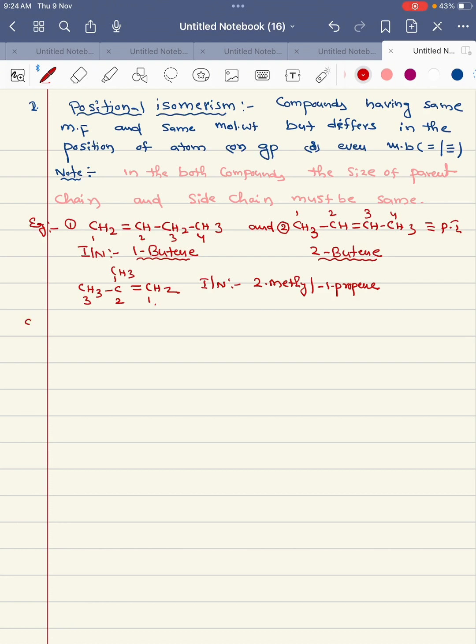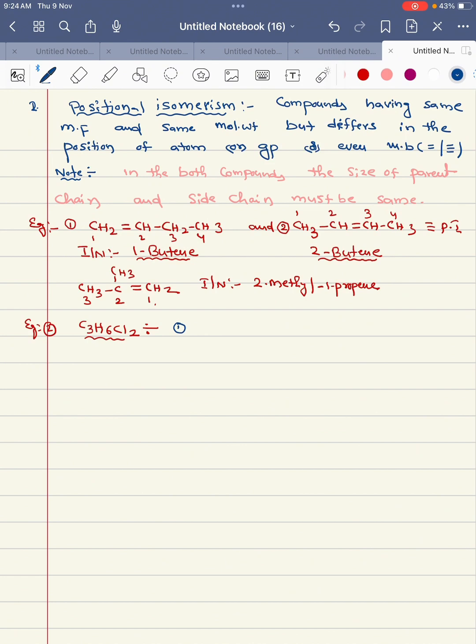We'll go for an example. Example 2: C3H6Cl2. In total, how many isomers are possible? We are talking about positional isomers. Try it once, students: how many isomers are possible with the molecular formula C3H6Cl2? Yes.